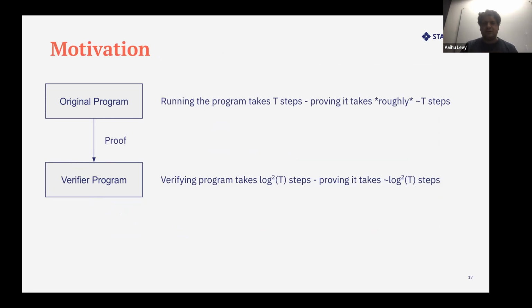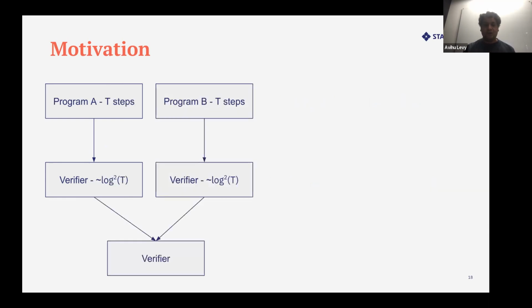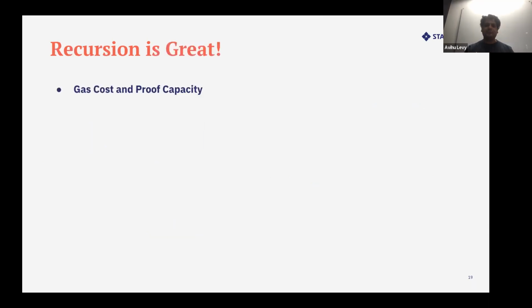And also, if the original program takes T steps to run, it will also take roughly T steps to prove, but running the verifier program only takes around log squared steps to run, and therefore, according to our simple logic, log squared steps to prove. And we can use that. Here is a hint of how we can use that.